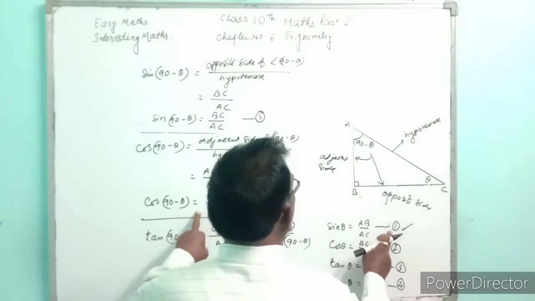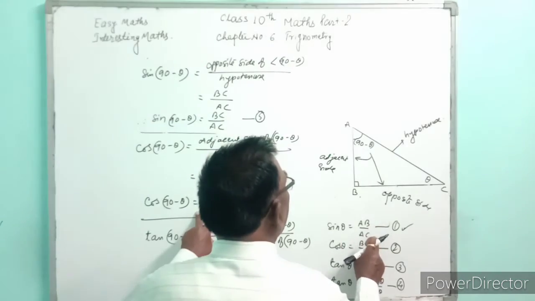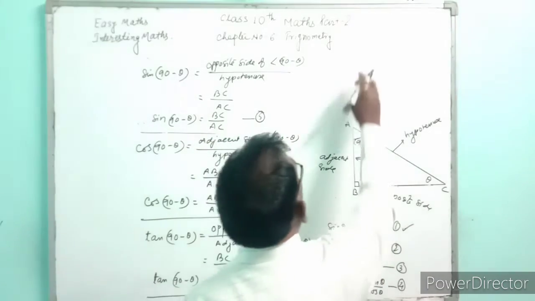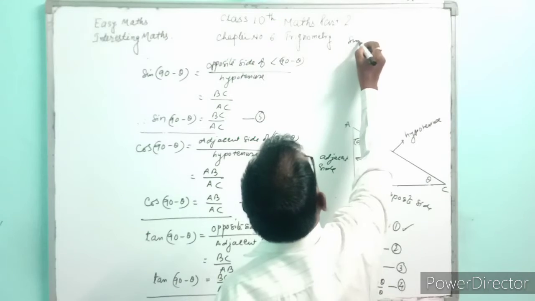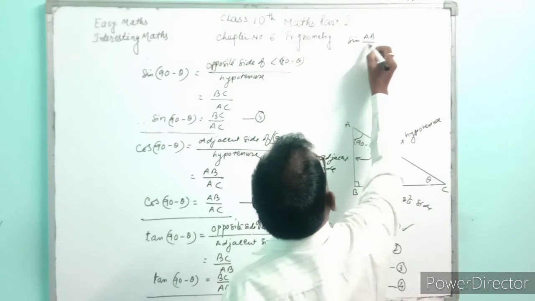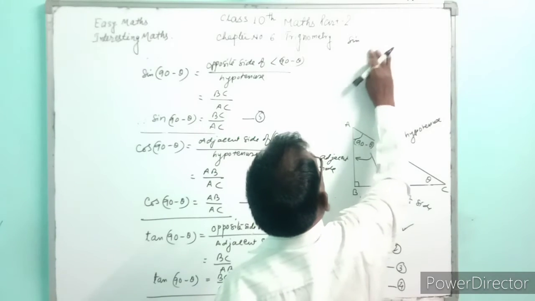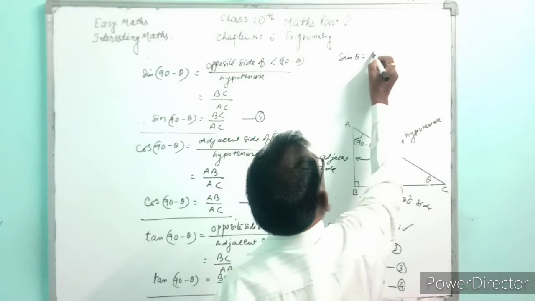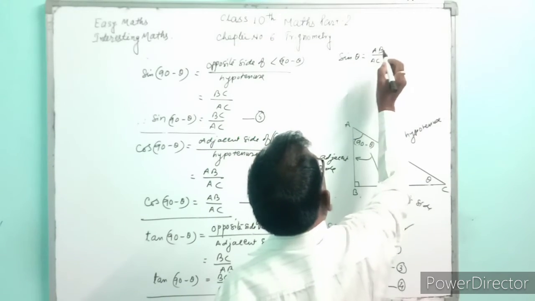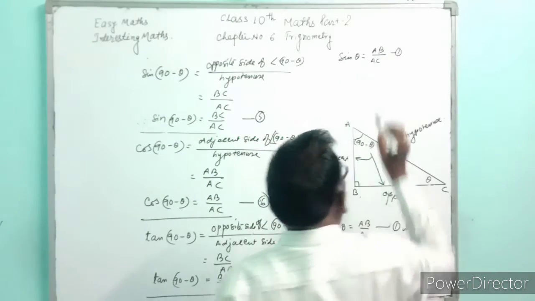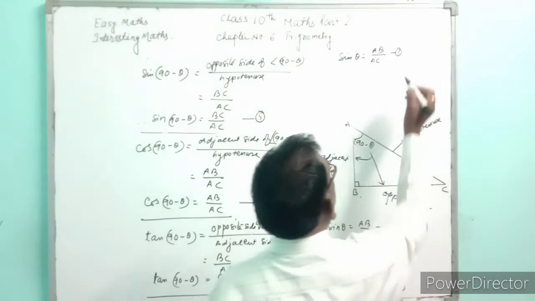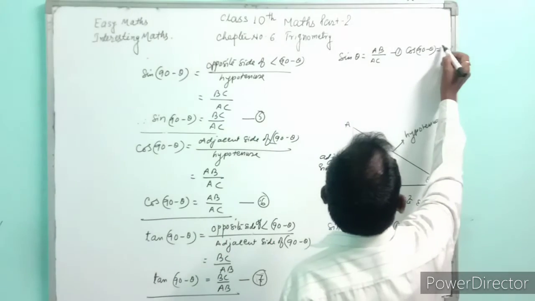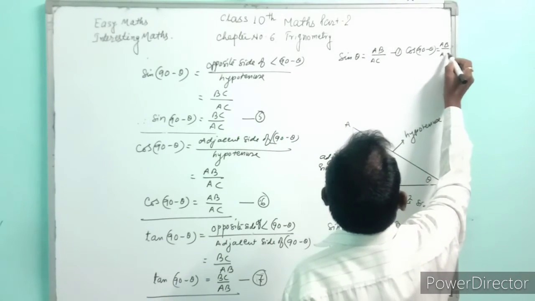From 1 and 6, sin theta is equal to AB by AC and cos 90 minus theta is equal to AB by AC.